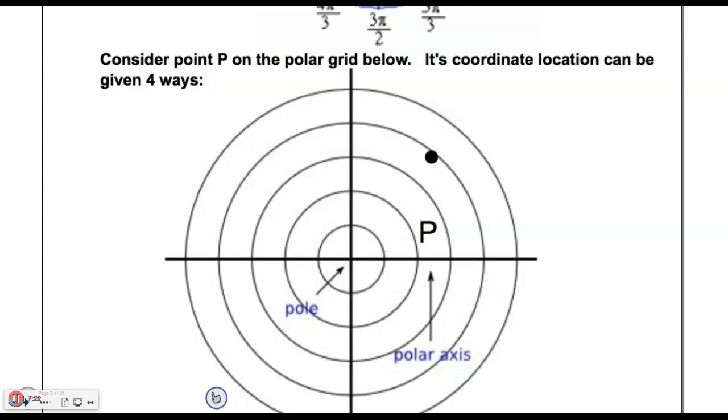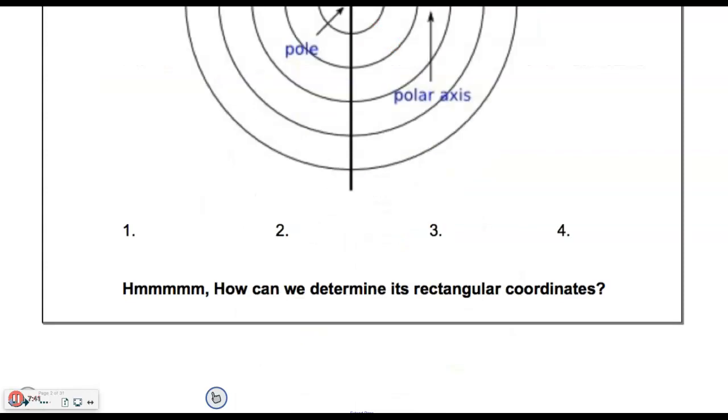So when I head out this one, let's suppose this is pi over 4 just to make our lives easier. The most obvious way to write that point is to turn pi over 4 counterclockwise and to walk out how many units? 4. So when we write this as an ordered pair, we write R and we write theta. But there's 3 other ways you can get to that same point.